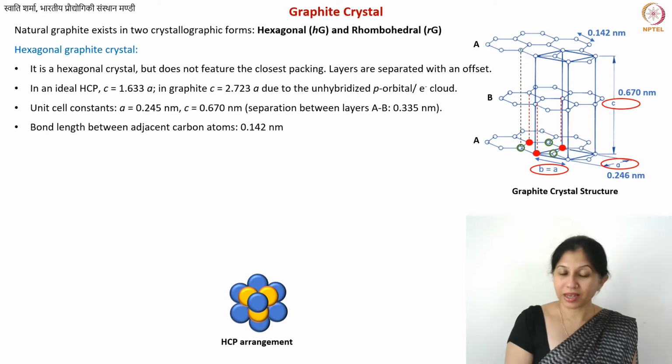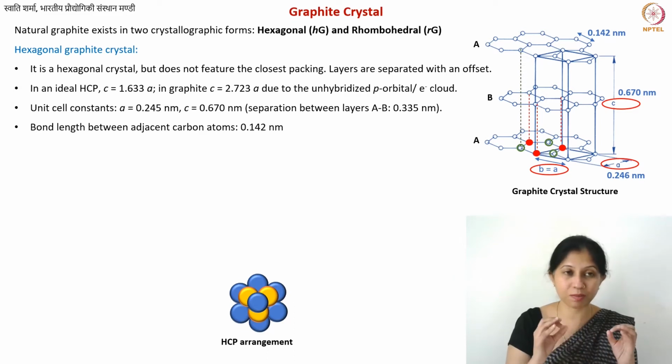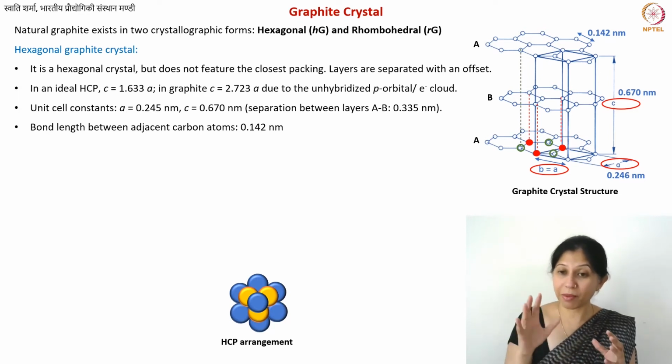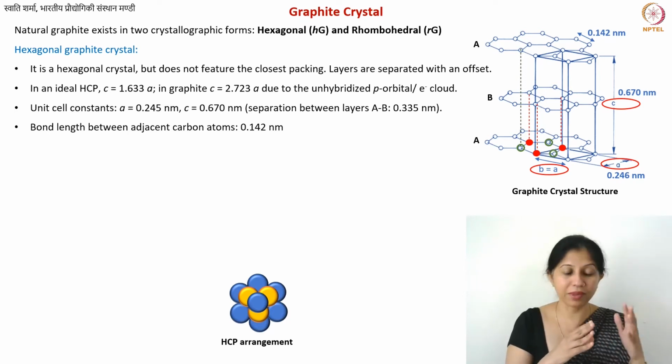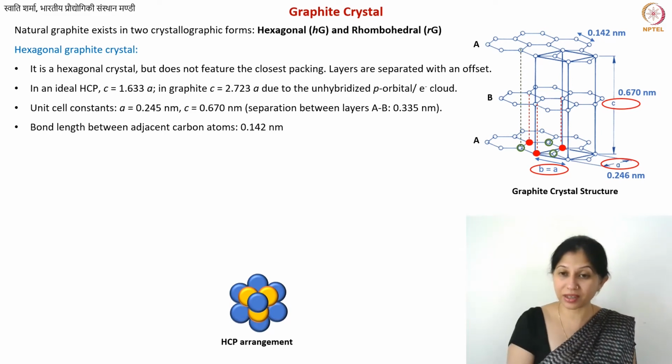What I am trying to say here is all 6 atoms of the hexagon are not identical in the case of a graphite crystal, and in fact that is the reason that we did not take all 6 atoms in our unit cell, because the unit cell basically should be the smallest repeating unit. So all atoms there have to be identical. So remember that 3 atoms of this hexagon, alternating 3 atoms, are different from the other 3 because you don't have their neighbors in the adjacent layers.